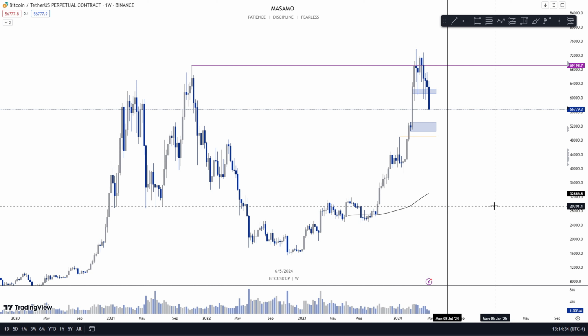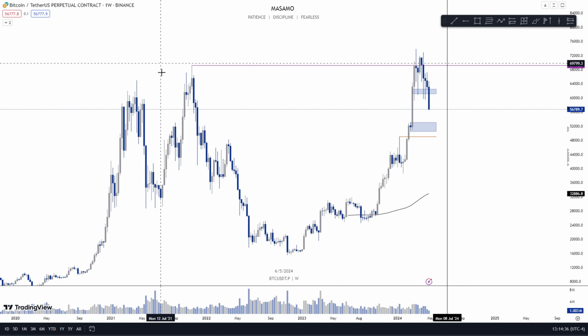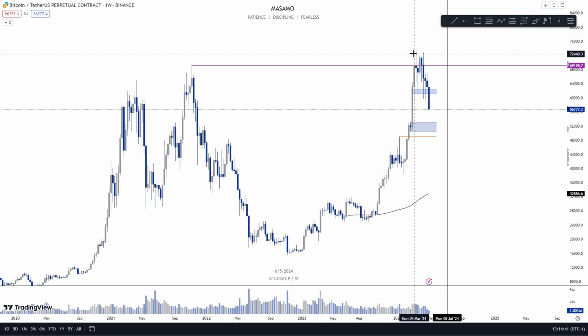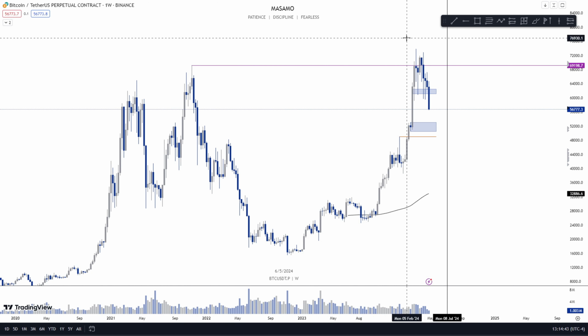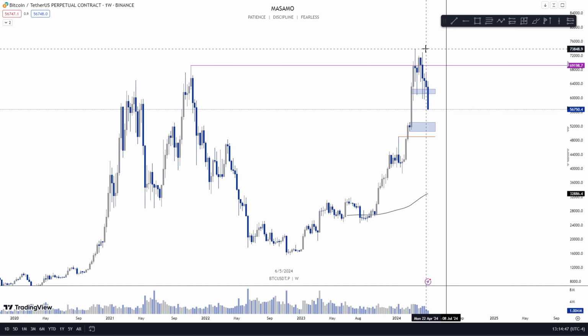So what is happening on a weekly time frame? After we broke the all-time high, we had a candle close, actually only one candle close, and we started a bearish price action. Actually, there is a second candle close here as well.